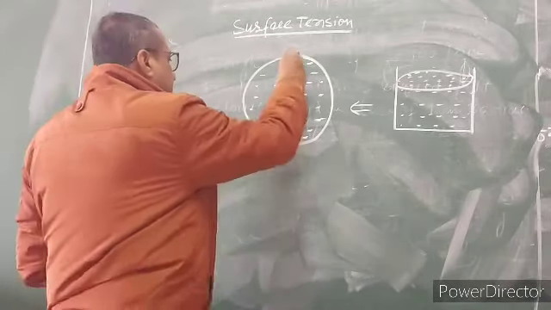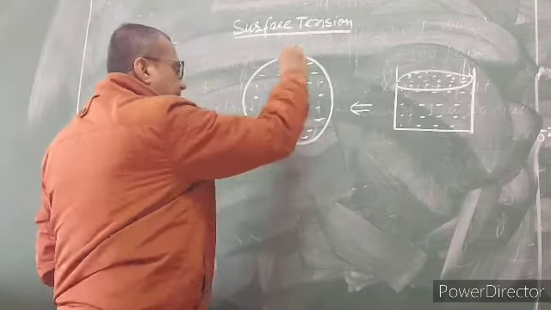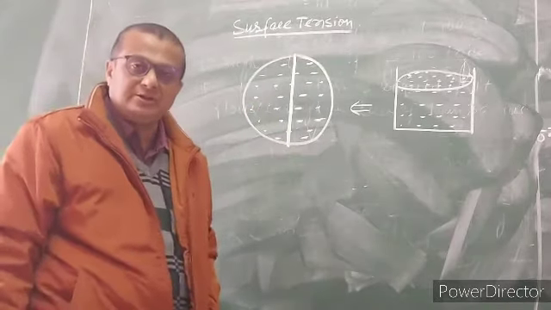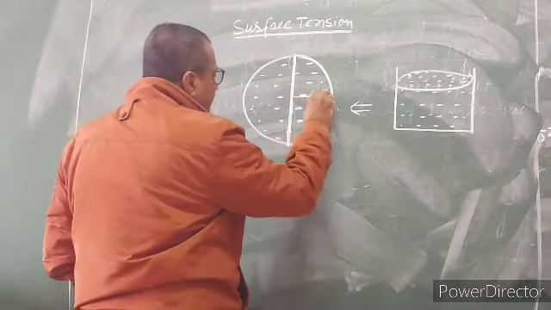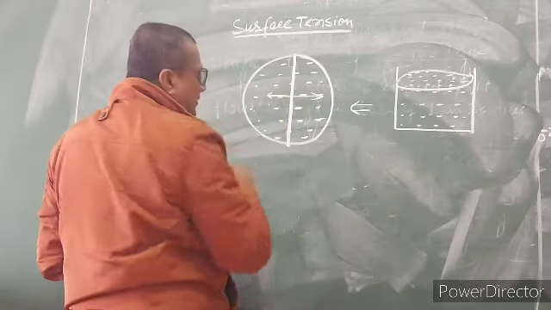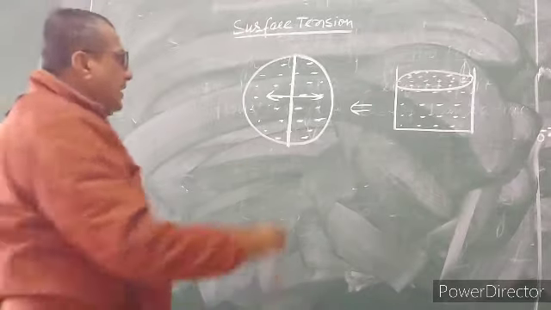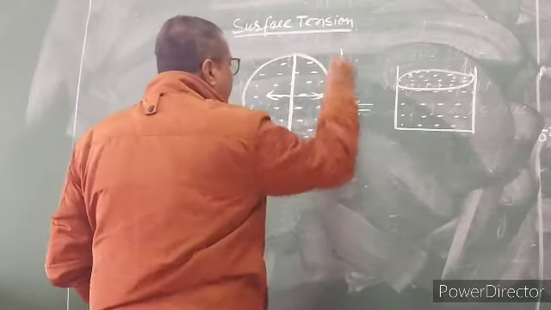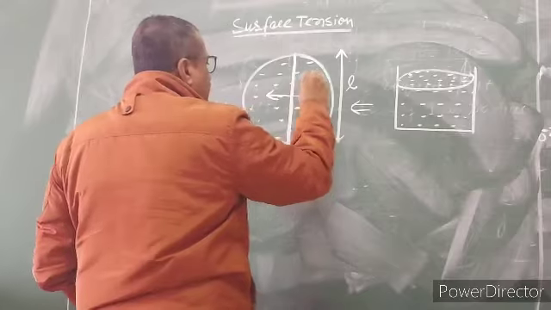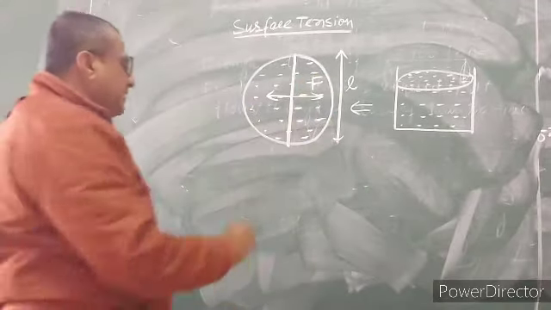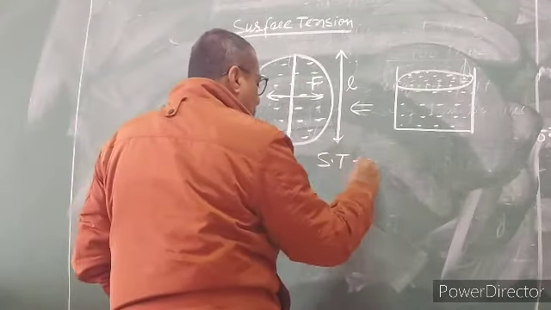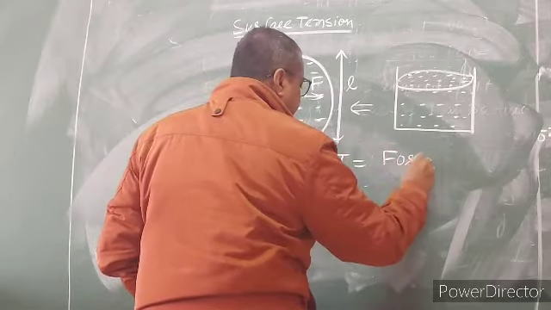This force can be calculated along this line on both sides. If the length of this line is L and the force is F, then surface tension is equal to force per unit length.